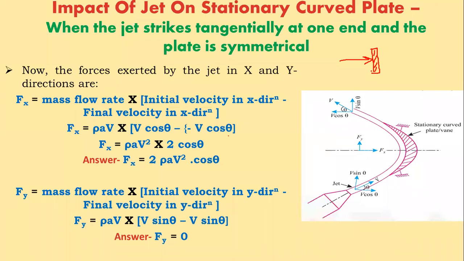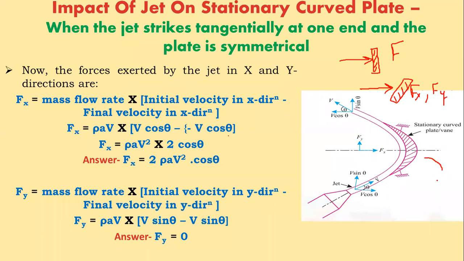So we only found out one F. In the next case, the inclined plate, the jet acted on the plate in an inclined direction, so there we had two, Fx and Fy. If you go and watch the previous lecture again.